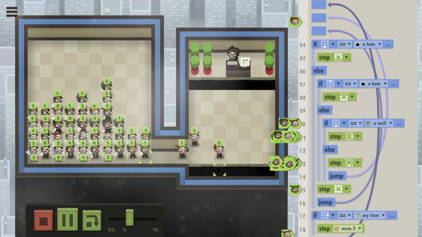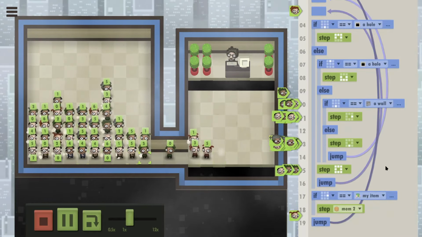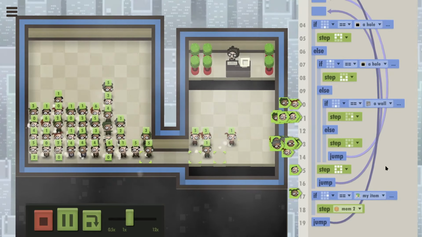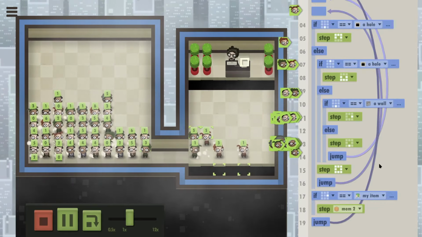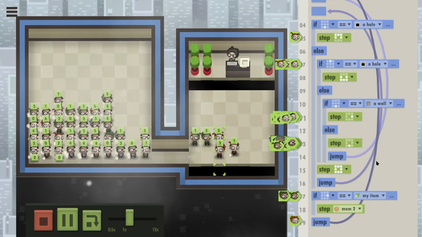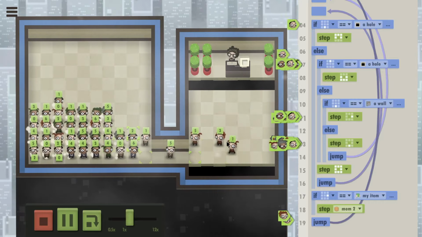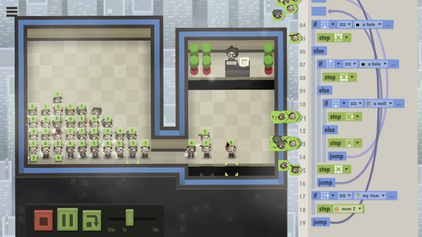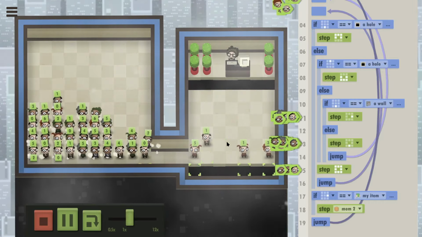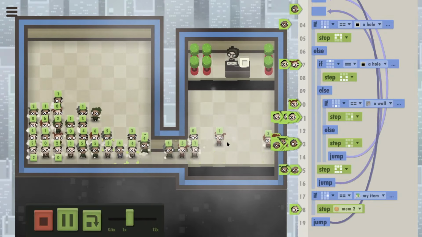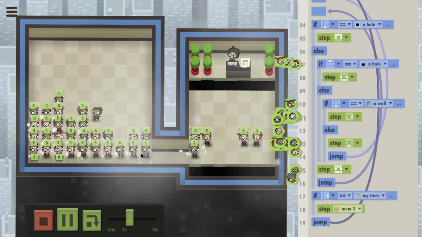Why are they wandering off into there? Oh, they've got that memory 2 thing, so... I don't understand what this number 2 guy here is doing.